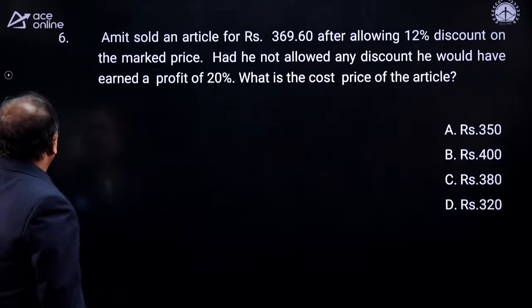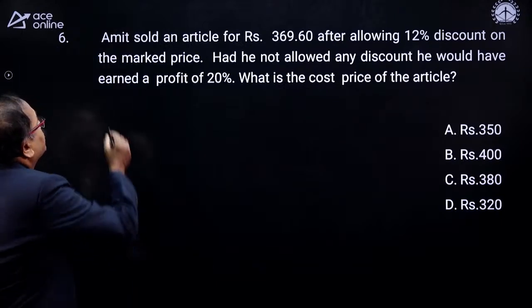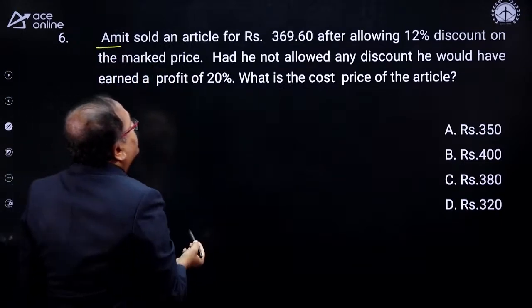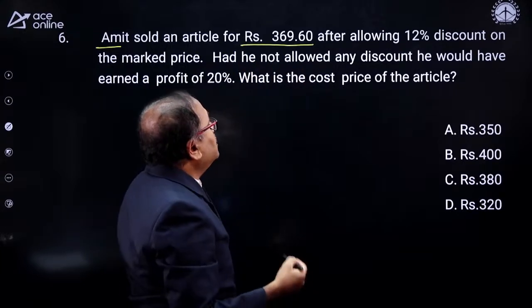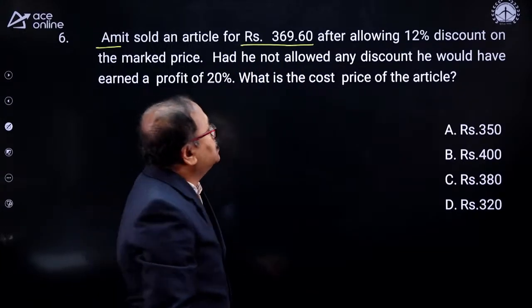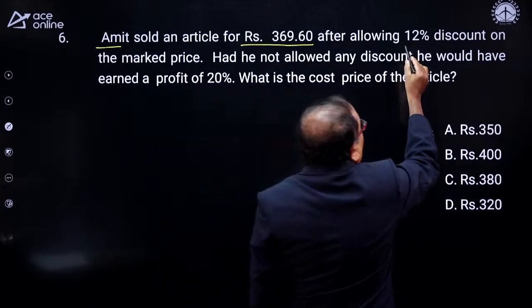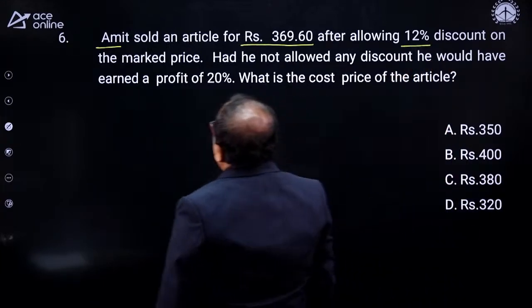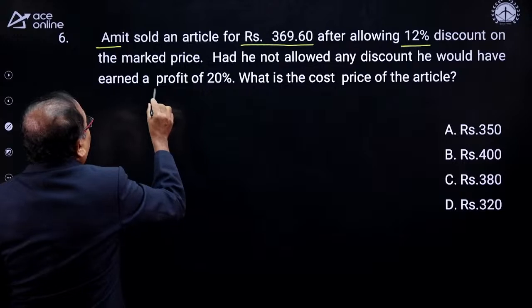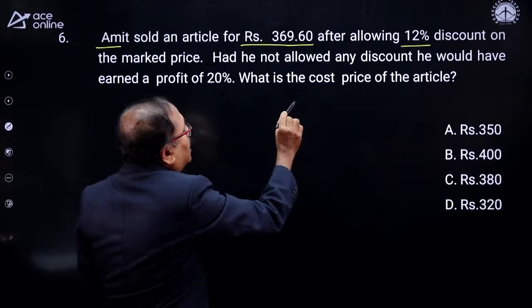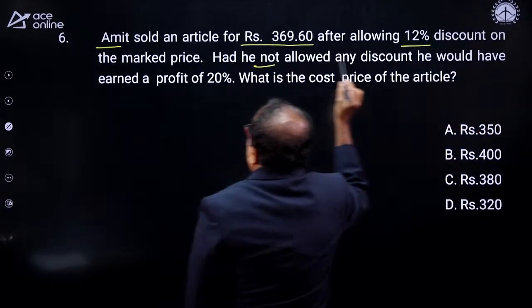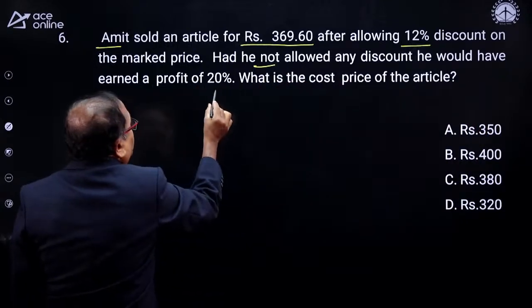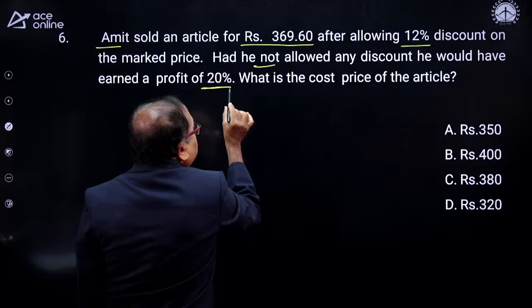Now here, what is the question? Amit sold an article for rupees 3,396.60 after allowing a discount of 12% on the mark price. Had he not allowed the discount, he would have earned a profit of 20%.